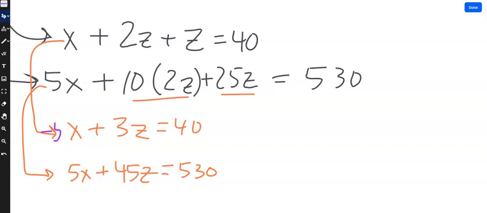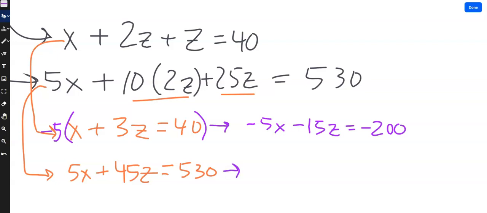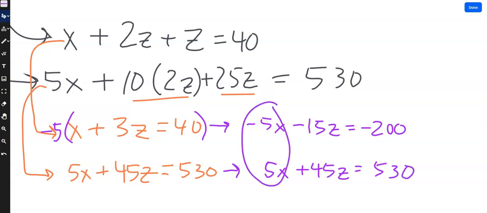So we're going to multiply this by -5, creating -5x minus 15z equals -200, and 5x plus 45z equals 530. And now we can add these equations together because, as you can see, those things are going to cancel out. That's what we wanted.